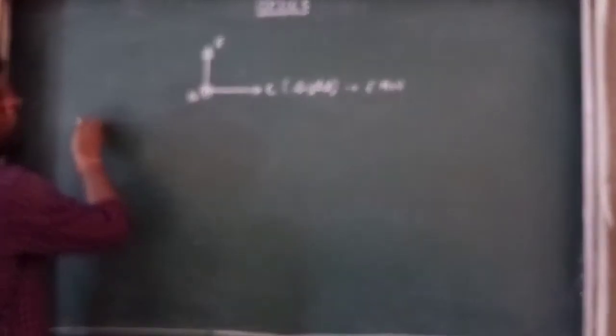Here you already know what a radio wave is. This is radio wave, next microwave, and next infrared region, and here one region is known as the visible region.